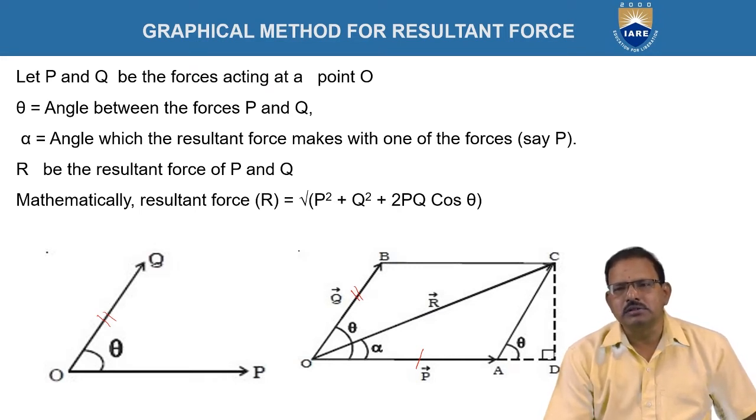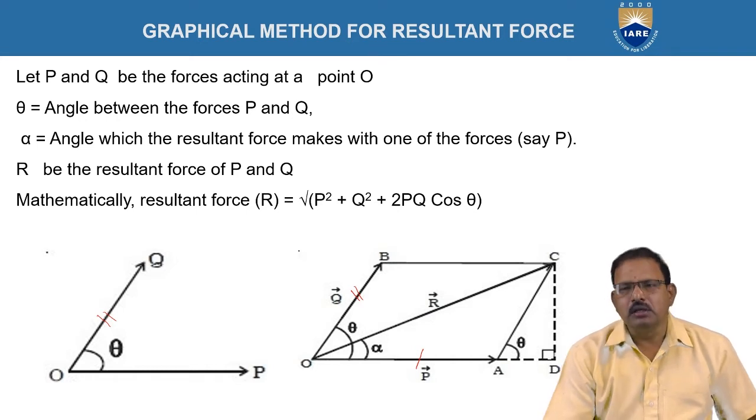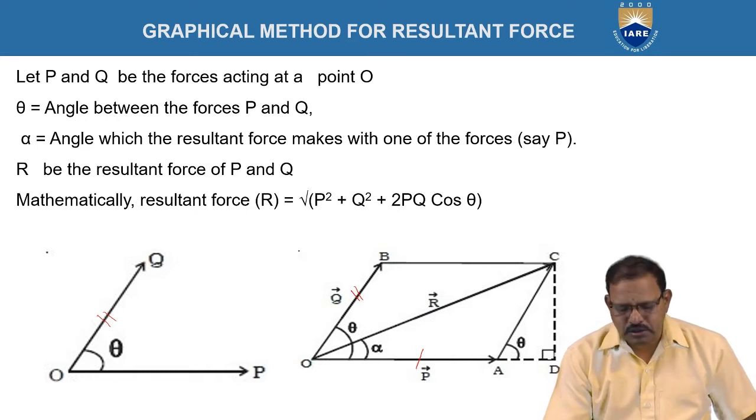These two are known as the adjacent sides of a parallelogram. A parallelogram means opposite sides are equal in length and parallel to each other. Hence complete the parallelogram, OACB.